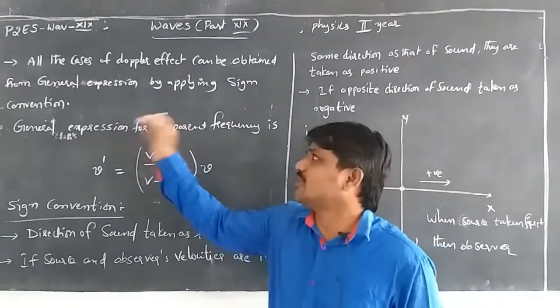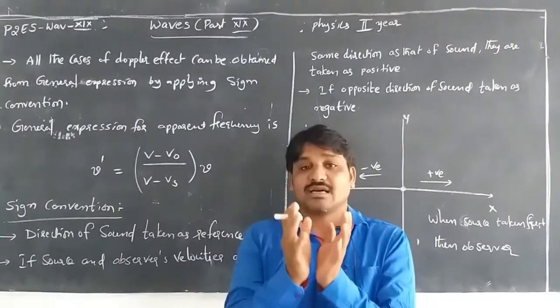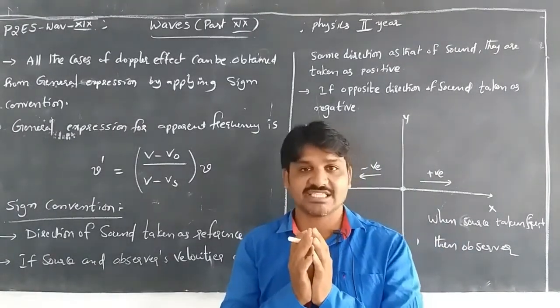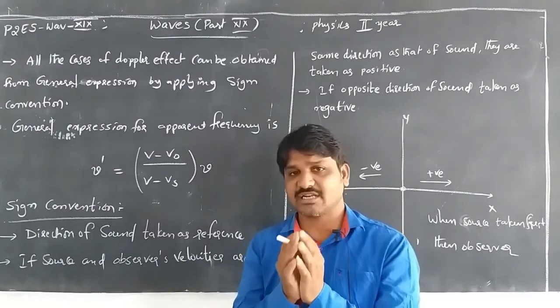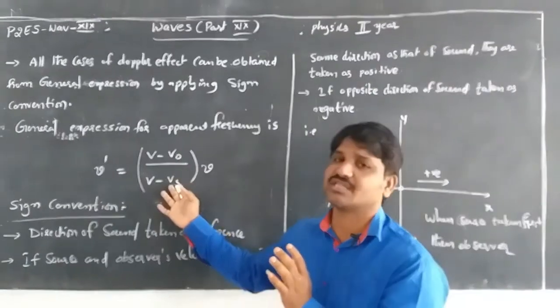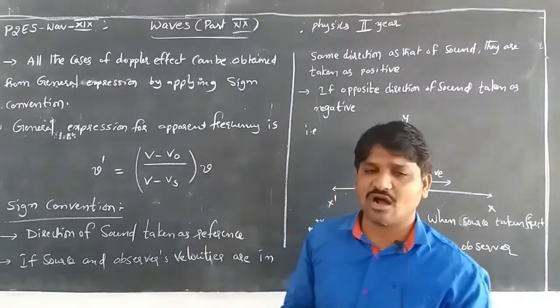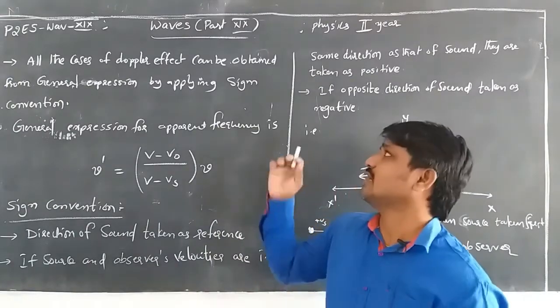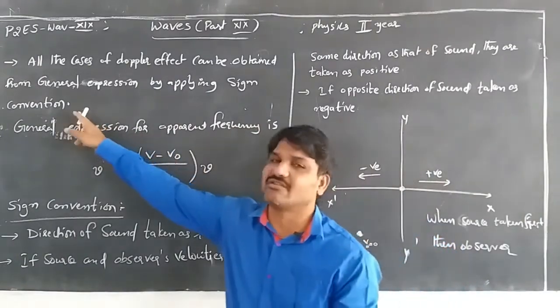So in all the cases, we apply the sign convention, which means taking the direction of the sound as the reference. If the sign convention is applied in the equation, then we can find the equation easily. All the cases of the Doppler effect can be obtained from the general expression by applying the sign convention.